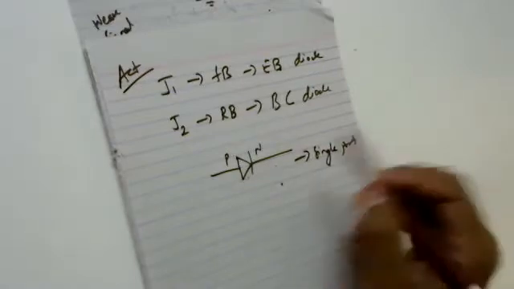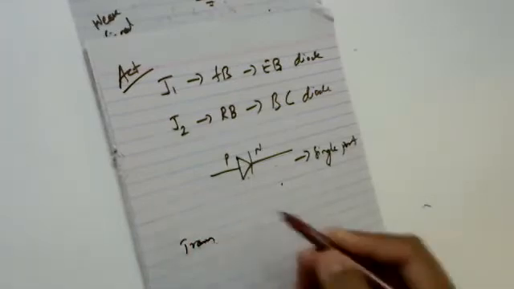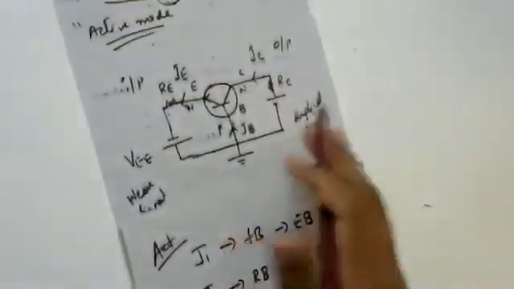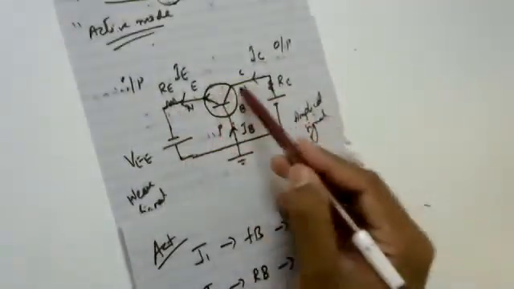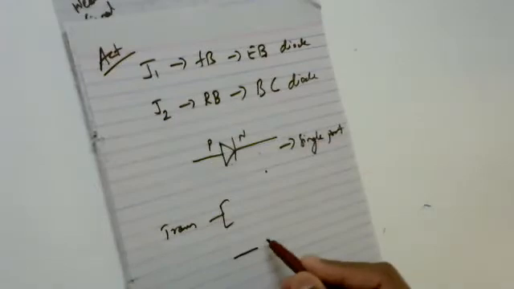But when it comes to a transistor, the transistor has two ports. Yes or no? You are able to see it. One is your input port, and one more is your output port, because you have two diodes back to back.